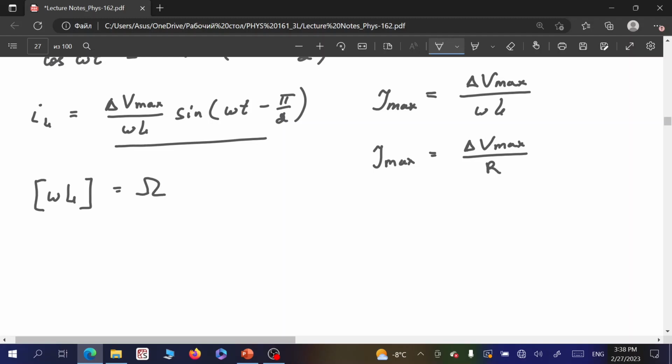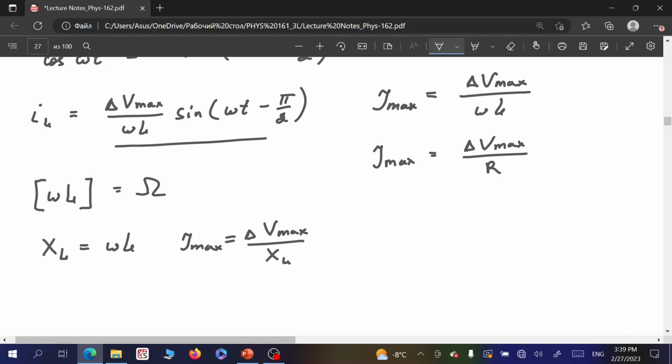So we can denote it as XL, that is equal to omega L, and we can represent I maximum in this case as delta V maximum over XL, inductive reactance.